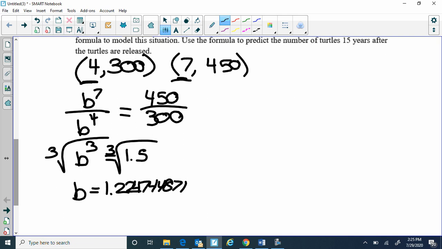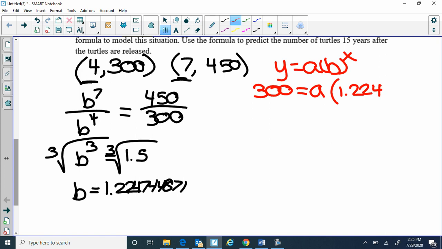So again, we can now pick one of our points and use that to plug into our y equals a times b to the x formula. I'll just go ahead and pick my 300 point. So my y value is going to be 300. My a value I don't know yet. b is what I just found. And x is 4 for that point.